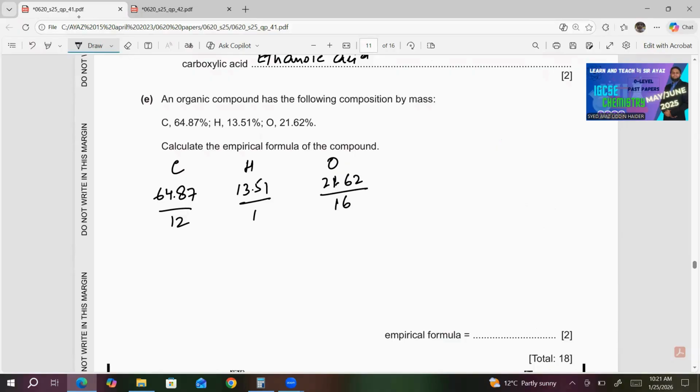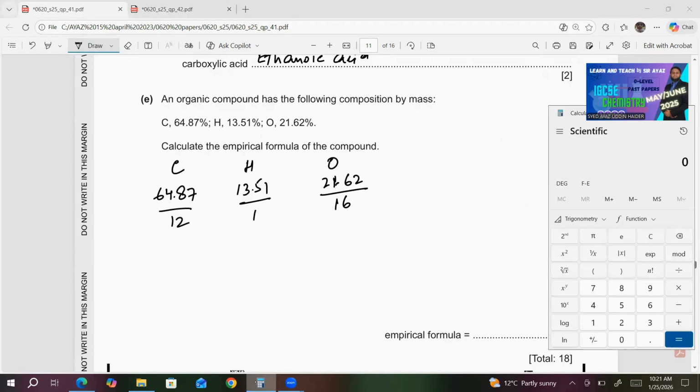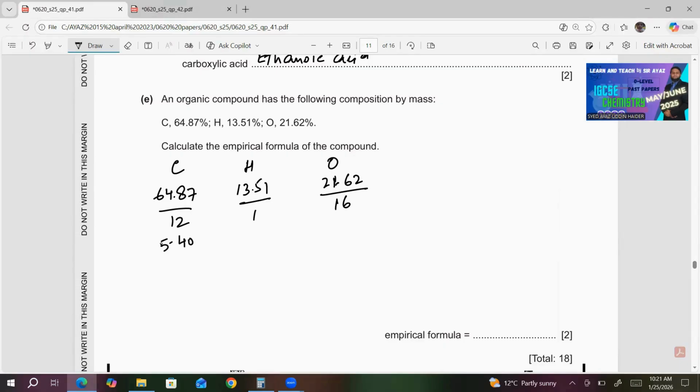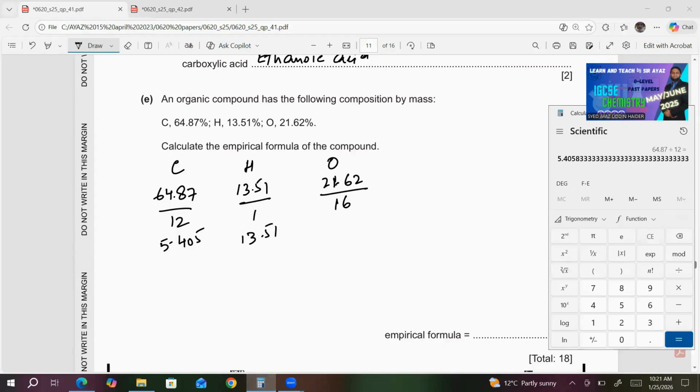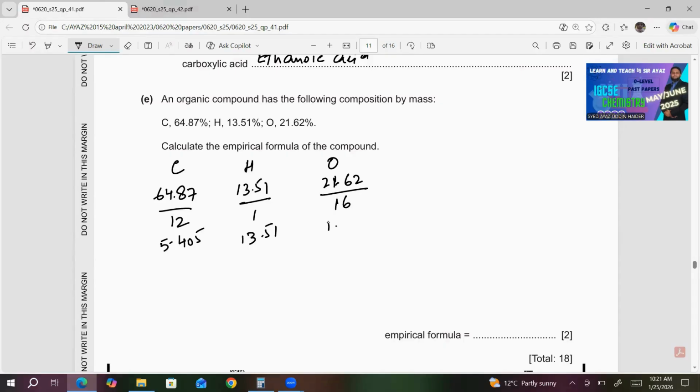For carbon, what we will get? 64.87 divided by 12, 5.405. Hydrogen we get 13.51. For oxygen, 21.62 divided by 16, 1.351.